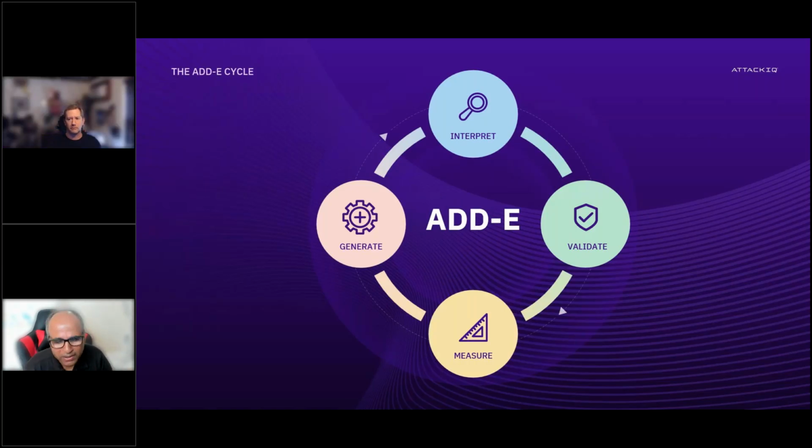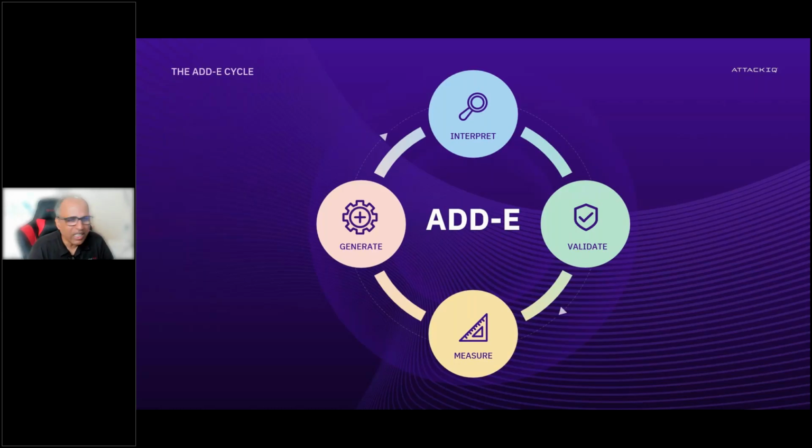Then validate, does this work against real world attacker behaviors? Then measure how well it works against the drift. And then finally generate, how do we create better rules faster?